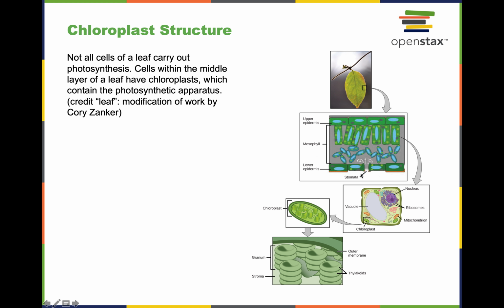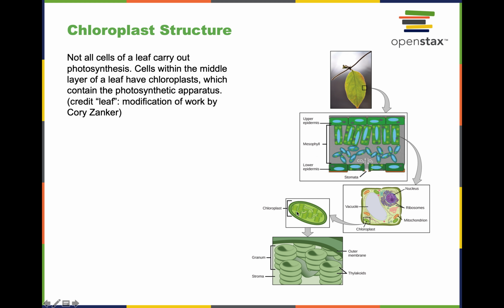And then you have the lower epidermis, and in the lower epidermis usually there are openings in between some of these cells, the lower skin if you like, where the cell can exchange carbon dioxide and oxygen with the environment. Now if you blow up one of these cells, you can see the individual chloroplasts in here, and if you blow up a chloroplast, you can see the organelle.